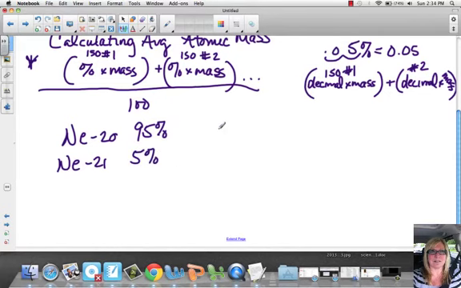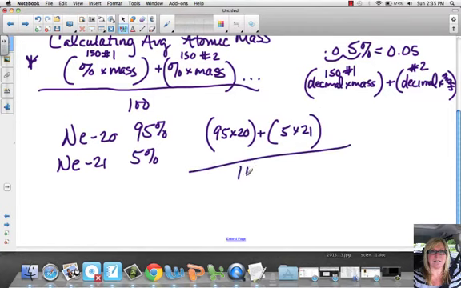So to solve this, I would do 95 times 20 plus 5 times 21, and then divide by 100. And you should get 20.05. This is the average atomic mass. This mass represents the average of neon's naturally occurring isotopes.